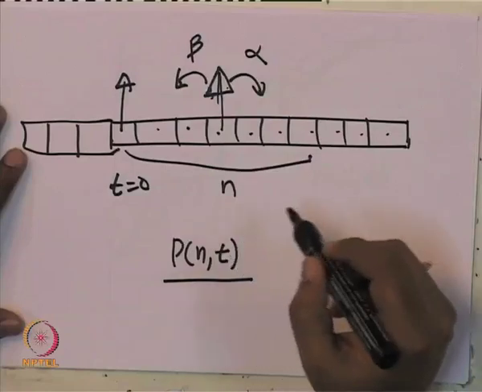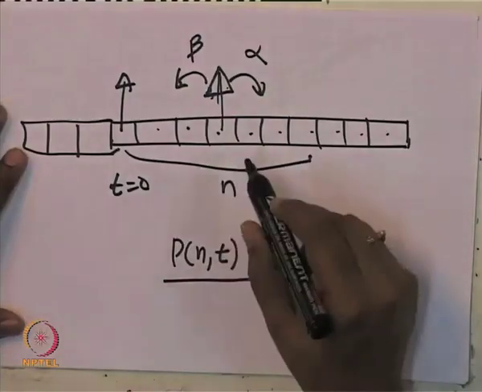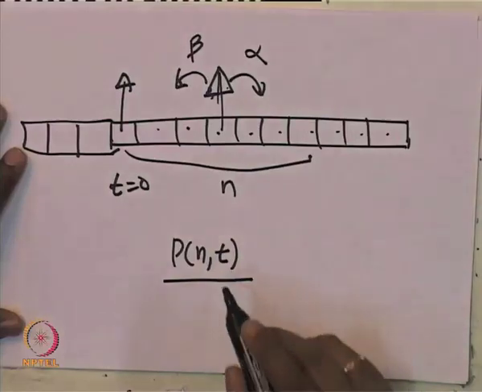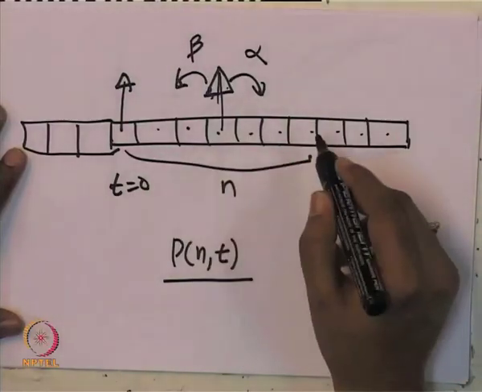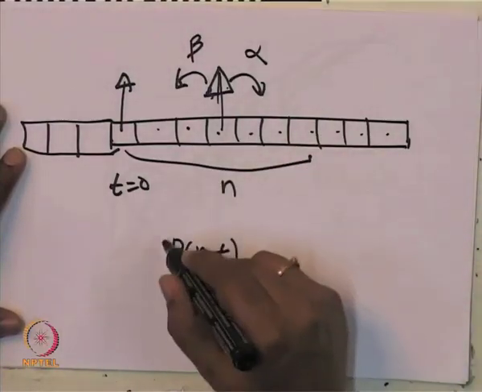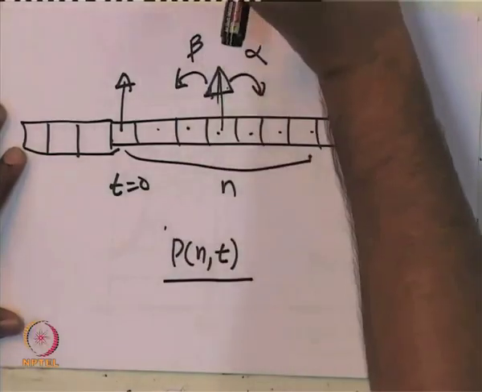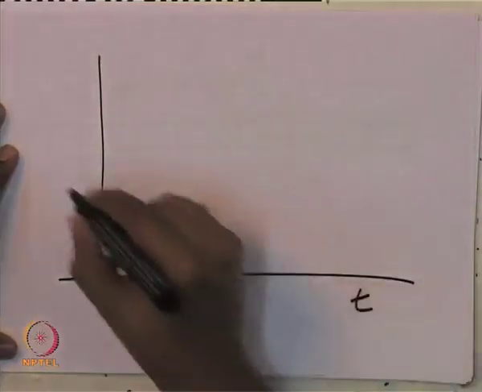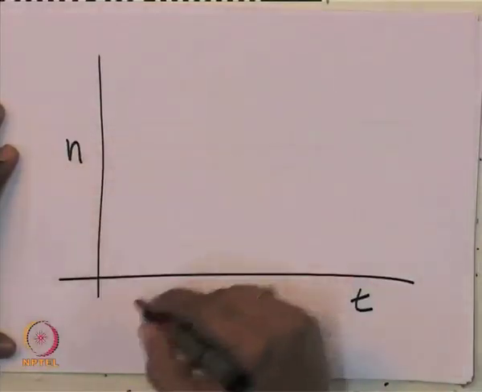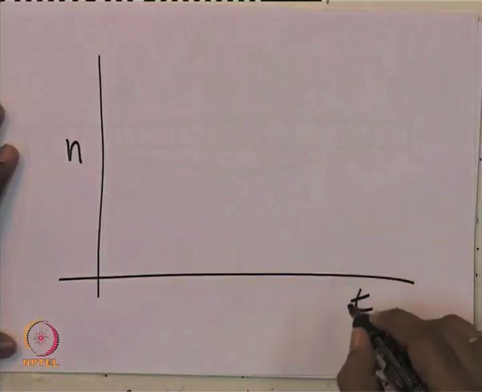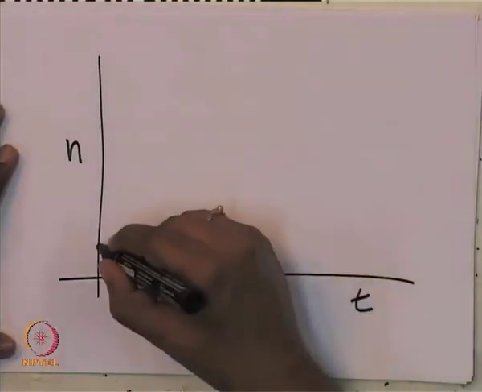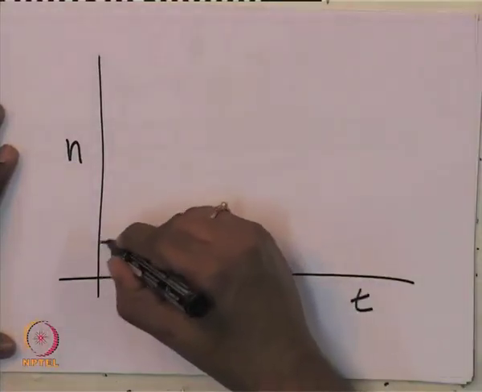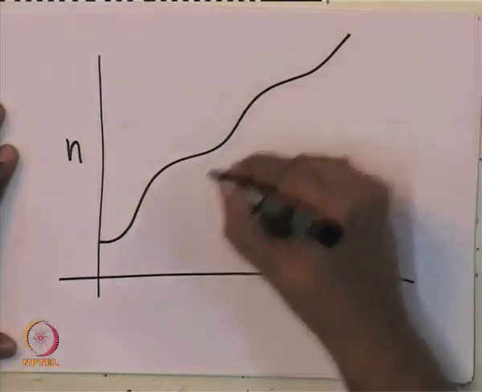So, both for polymerization and depolymerization or motion of a molecular motor, one can define P(n,t). If you plot how far the number of monomers it moved as a function of time, in one experiment you might get something like this.